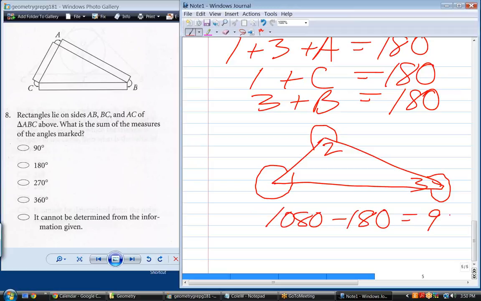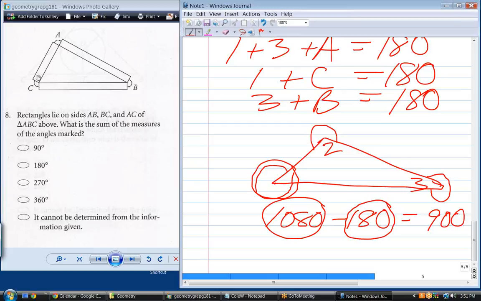So those three should be equal to 900 degrees. Those three outside angles. You see that? Because each one of them, this is 360. So I would have that 360 plus that 360 plus that 360 minus angle 1 minus angle 2 minus angle 3. That's where I get the 1080, the 360s minus the three interior angles. That's 900. Now, we also know a right angle there that we have to subtract.